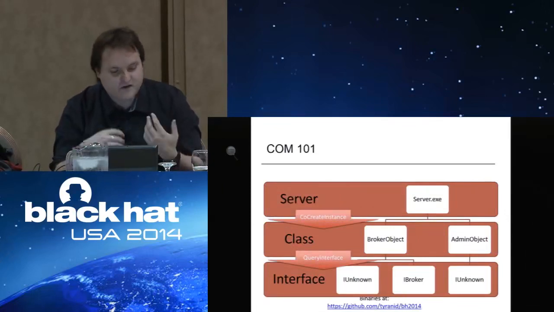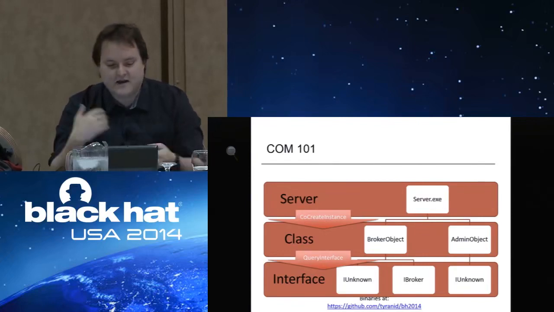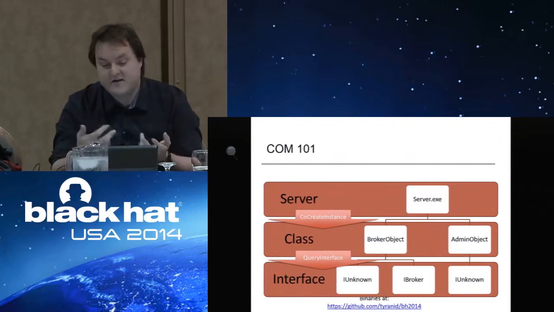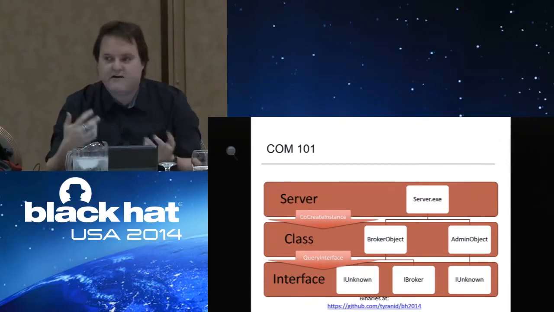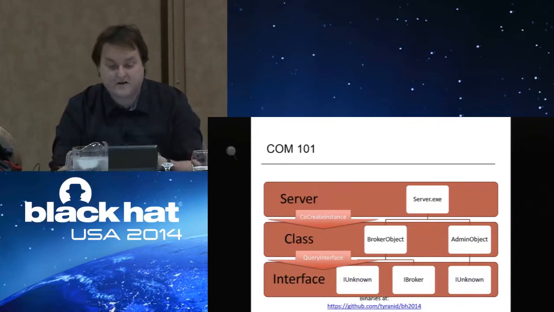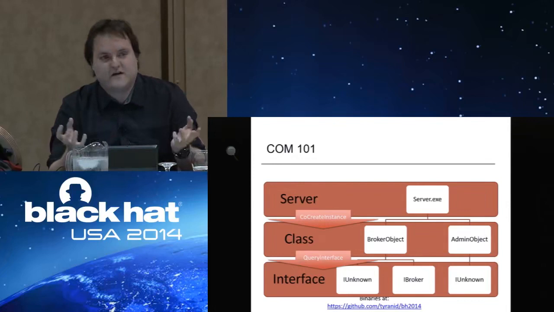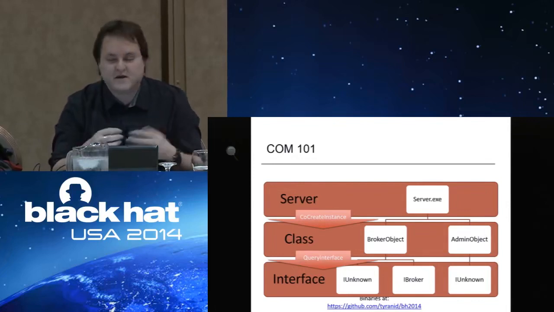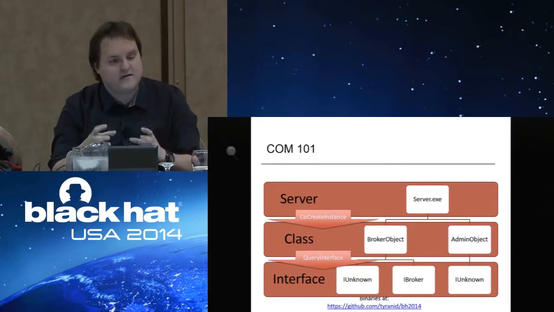There are three main concepts in the way COM works. The acronym is basically Common Object Model. It's designed for sharing objects without worrying about binary compatibility, which is something C++ has traditionally not done very well. At the top, you have what is called a server. A server could be an executable or a DLL, and this is the block of code which implements your COM objects.